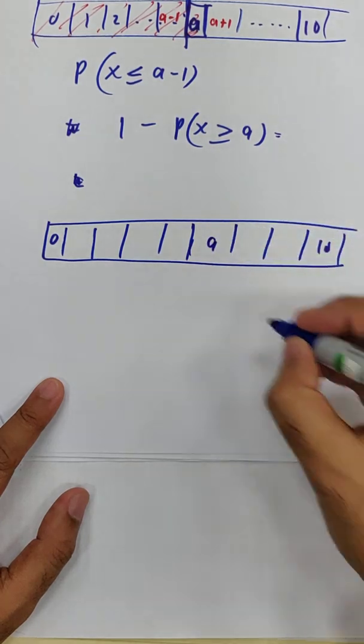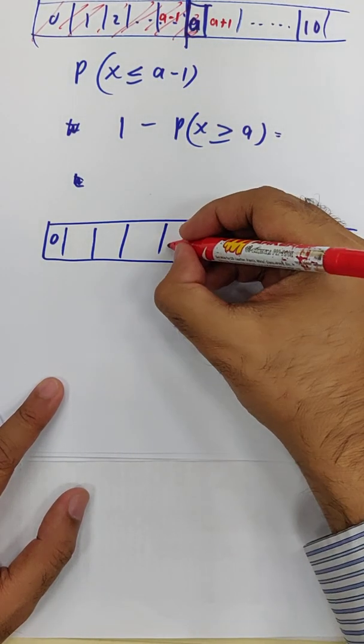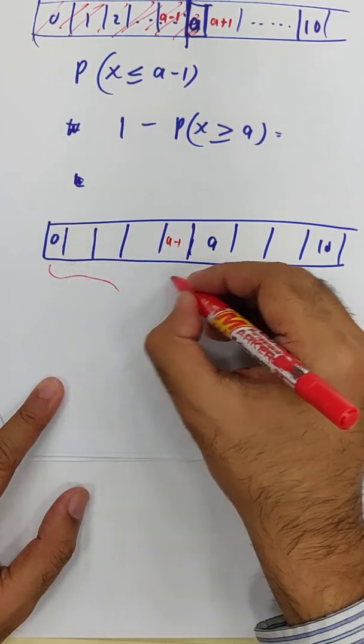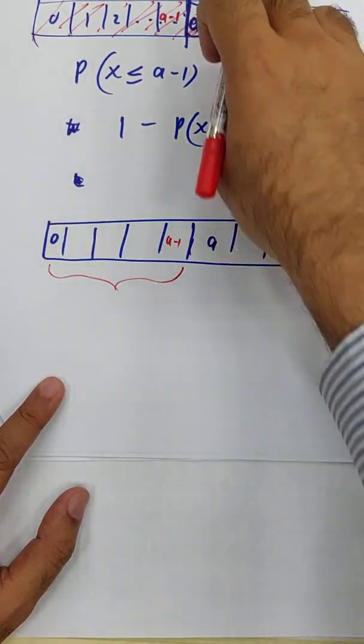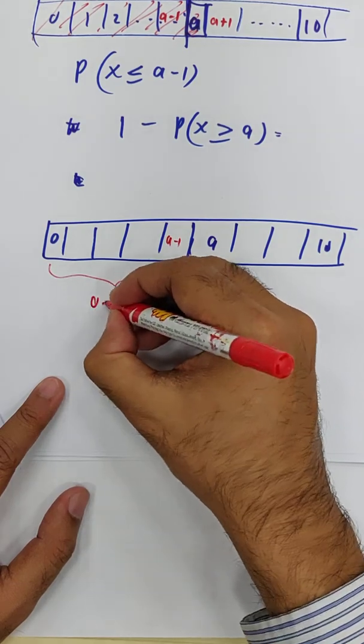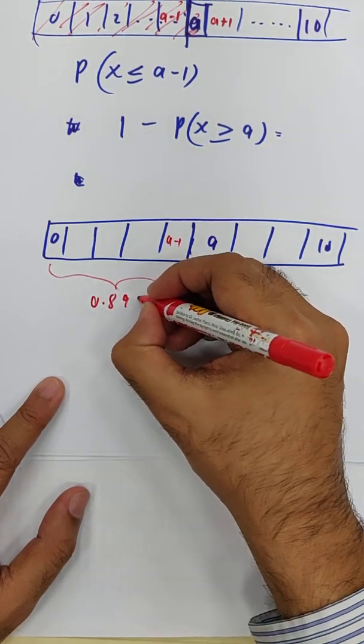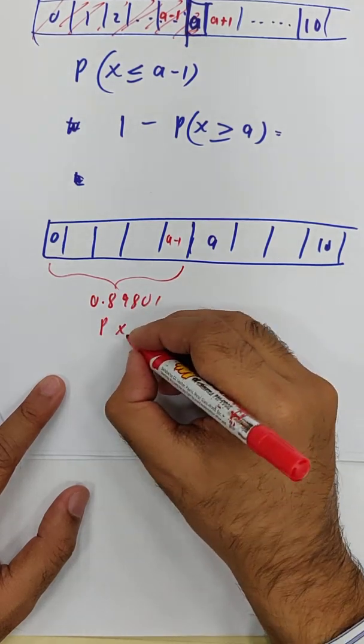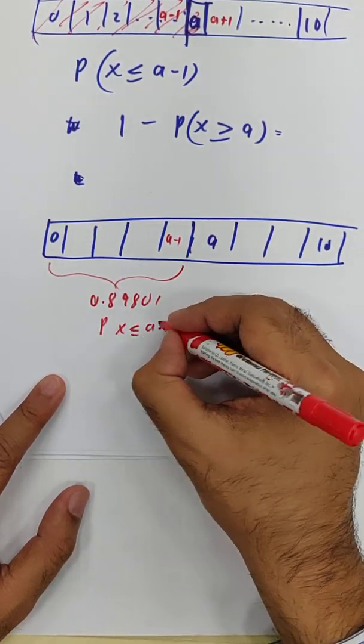So let's say this is a, the one number before that is a minus 1. So I like to view this one as 0.89801, where this one is P(X ≤ a minus 1).